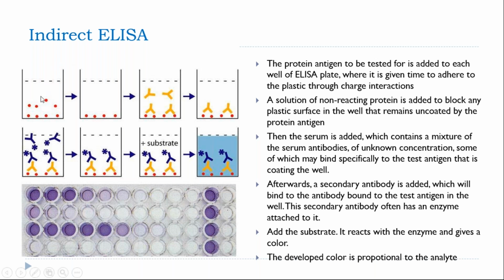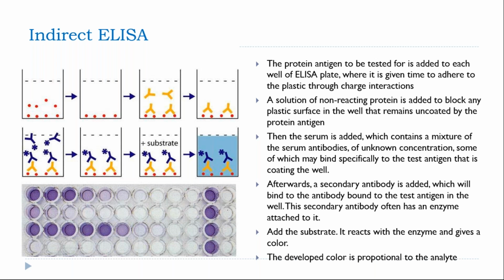Instead, we take the sample and allow the antigen to bind. So the first step is to add the sample, in different quantities in each well, and allow it to bind overnight.